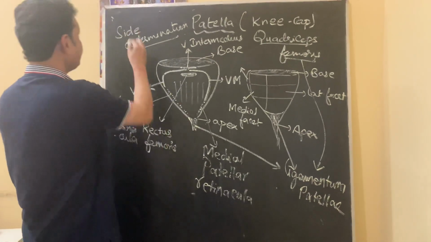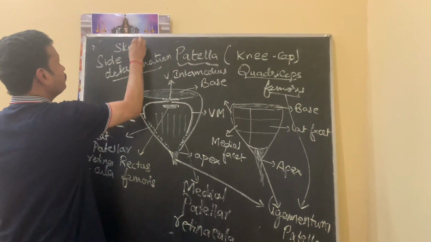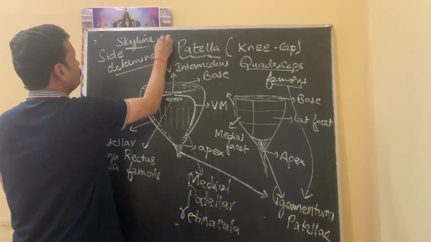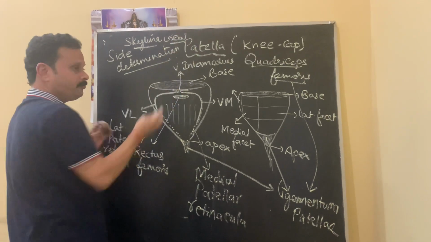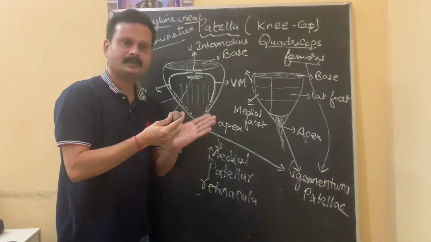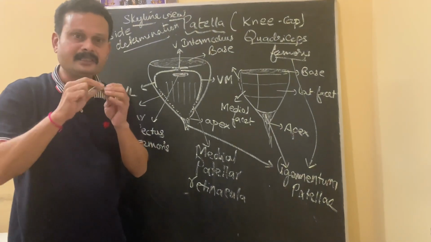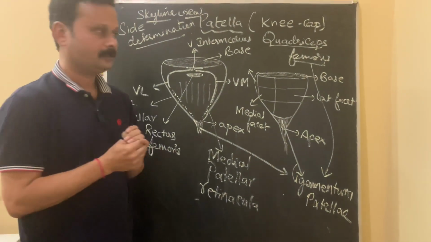In the X-rays taken in skyline view, it can be appreciated that the patella is slightly tilted towards the lateral side.